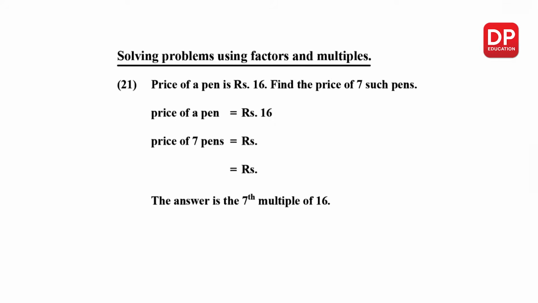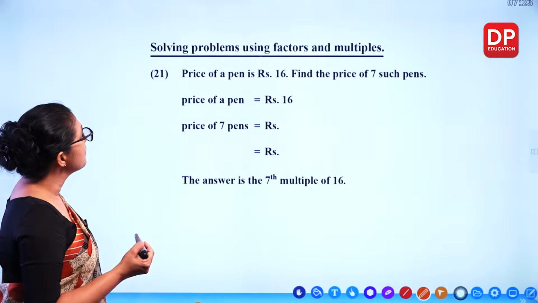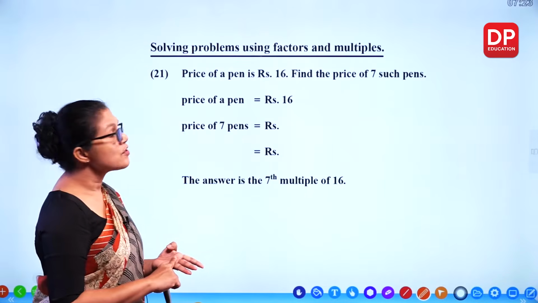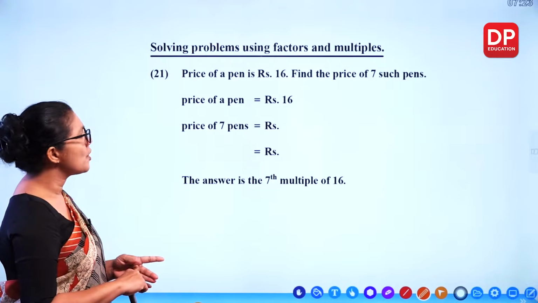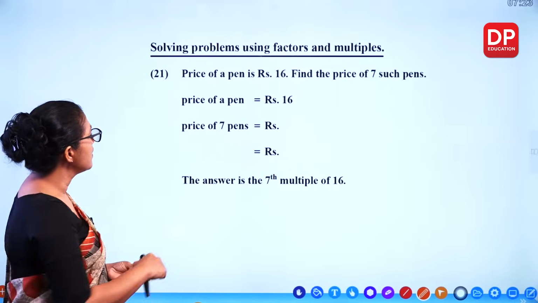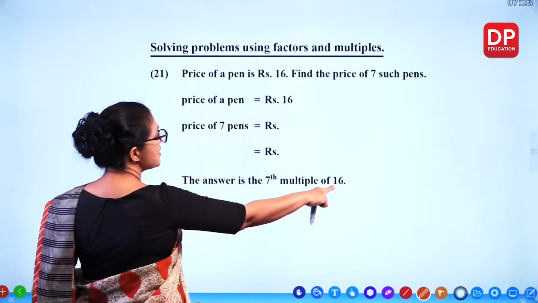Now we'll look at how we can solve problems using factors and multiples. Price of a pen is 16 rupees. Find the price of 7 such pens. So what do we do? We take the multiples of 16.